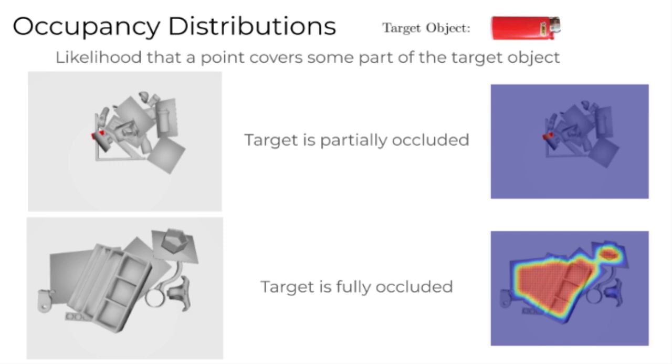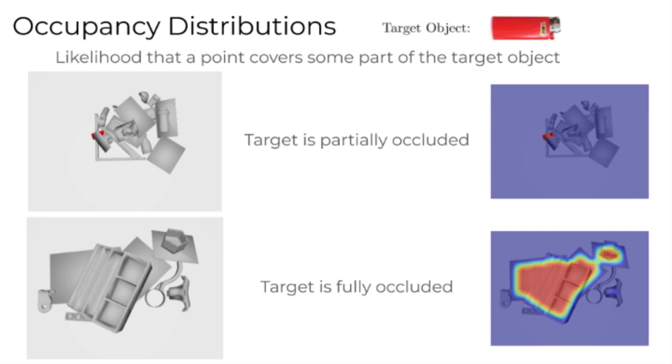In the case where the object is partially occluded, the occupancy distribution collapses to the amodal segmentation mask of the target object. However, in the case where the object is fully occluded, the occupancy distribution encompasses all the amodal segmentation masks that could correspond to object locations leading to the same RGBD scene image.